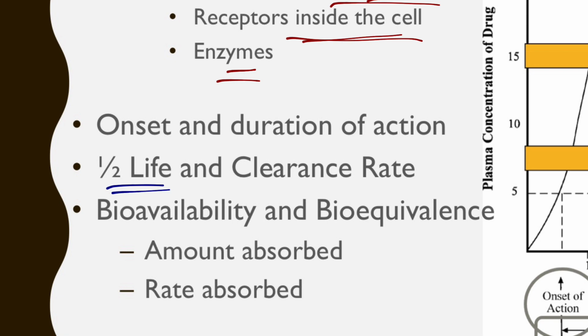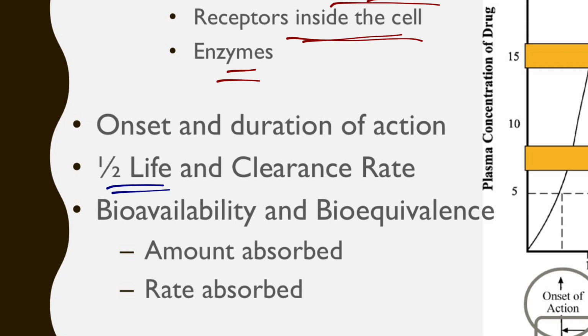That would be bioavailability. The hard part with bioavailability is it's really dependent on two key components. The first one is the amount of drug that is going to be absorbed, and then the rate at which that drug is actually absorbed. Those are two different things, right?